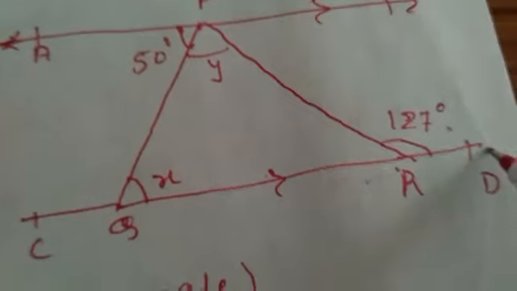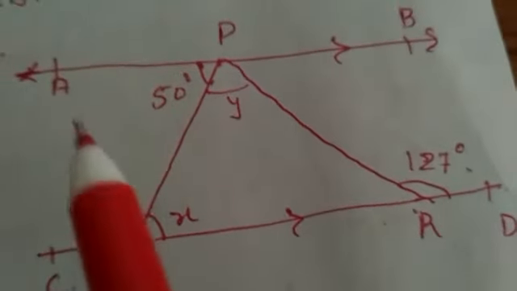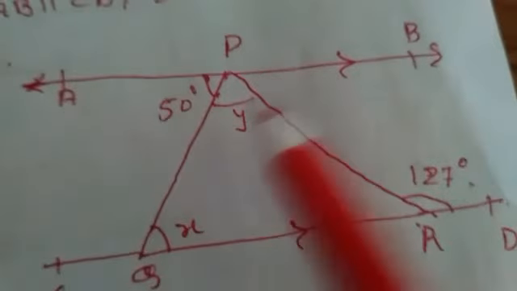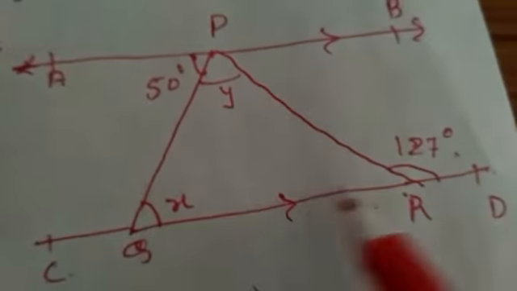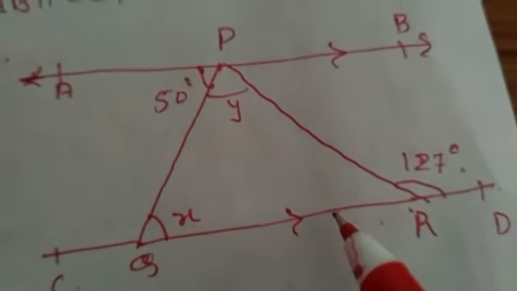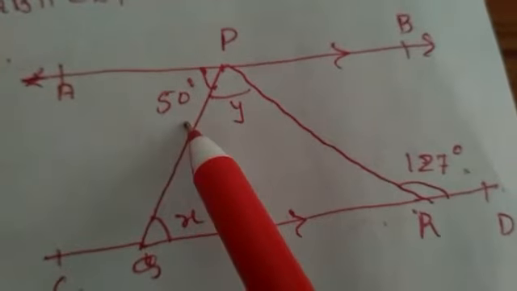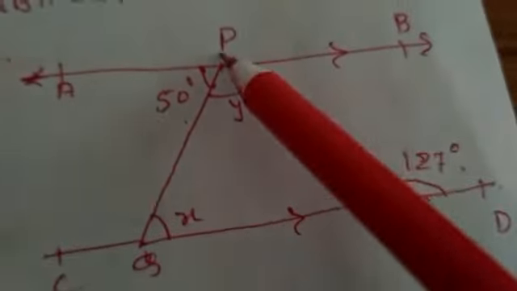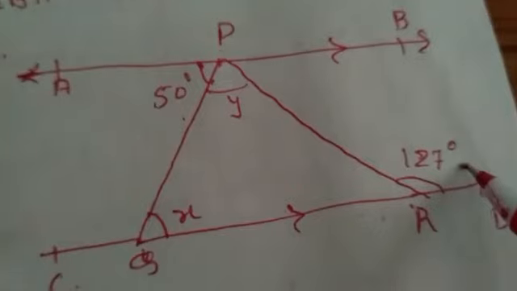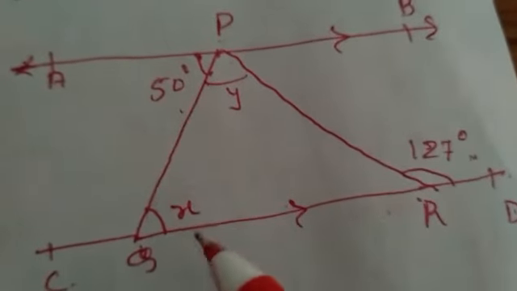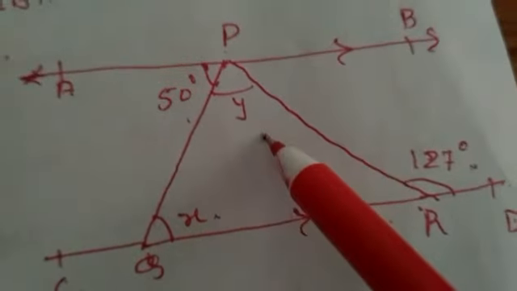QR is produced to D and RQ is produced to C, and there is a line AB which is passing through P and parallel to QR, such that angle APQ is 50 degrees and angle PRD is given as 127 degrees. Now you need to find the value of X and Y.